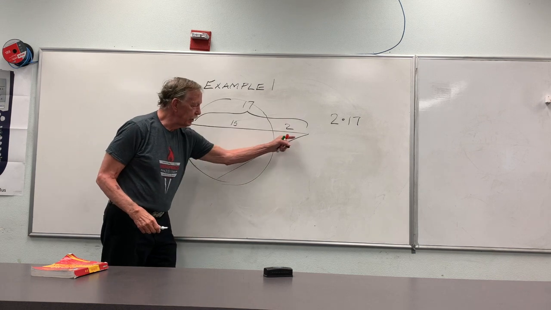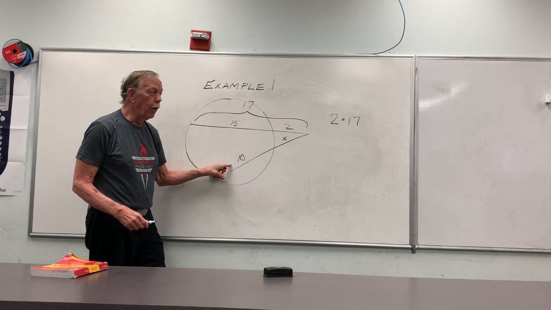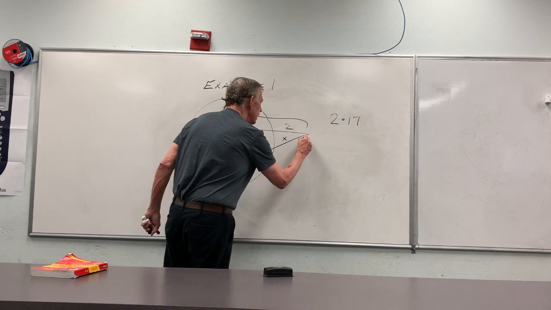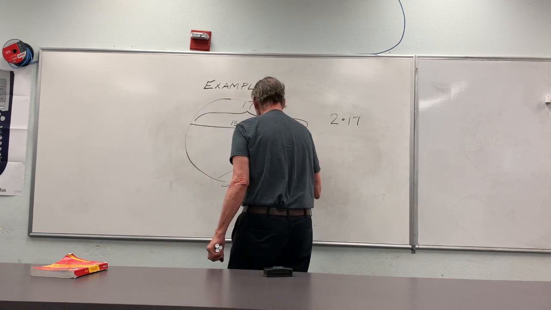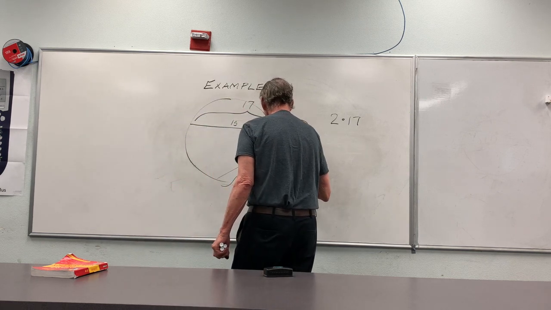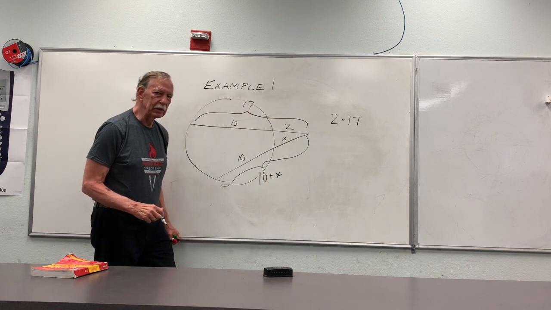In this secant, the little piece is x, and the whole piece is 10 plus x.